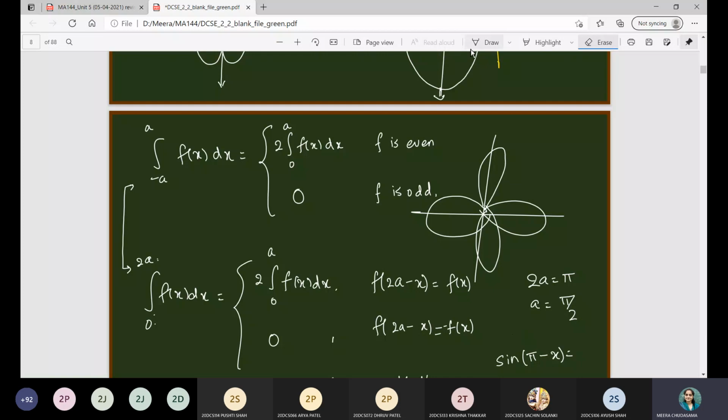Sin x. Sine of pi minus x is in the second quadrant, where sine is positive, so it is sine x only. So f of 2a minus x is same as f of x, right?